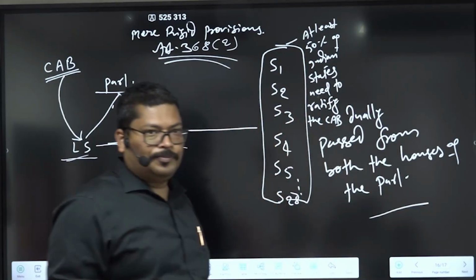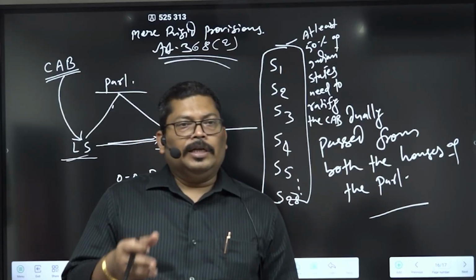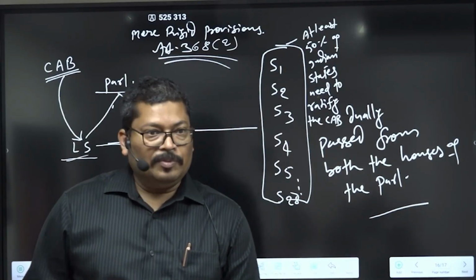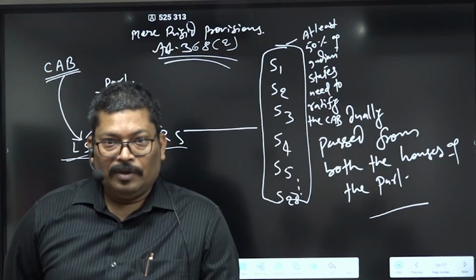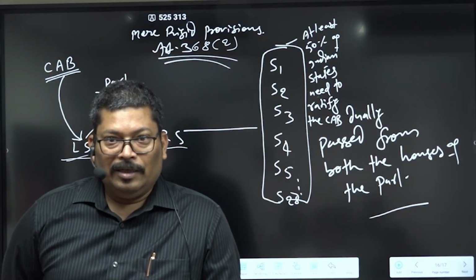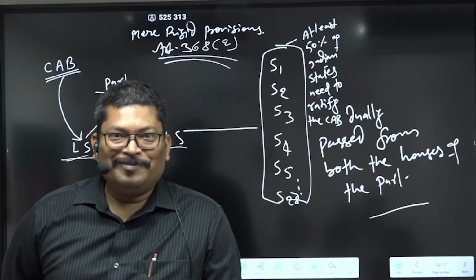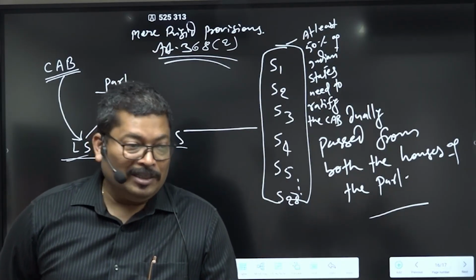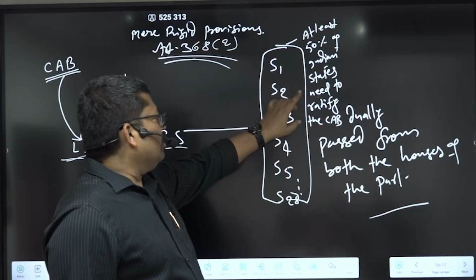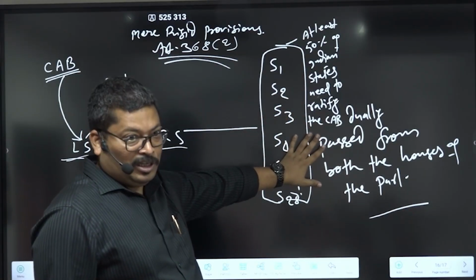One more thing. If less than 50% of Indian states have ratified it, in that case, the bill will remain pending with the states. So it is obligatory, it is required that at least 50% of Indian states ratify this constitutional amendment bill.